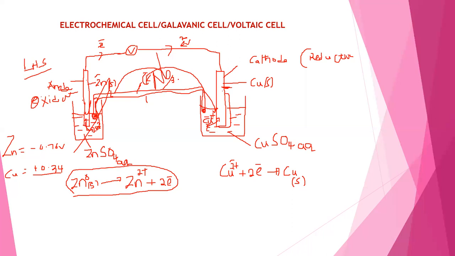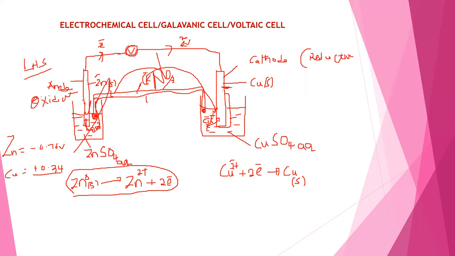So when you are told to draw an electrochemical cell, one, ensure that you show the direction of the electrons, because it is always 3 marks. You give the sign for the voltmeter.